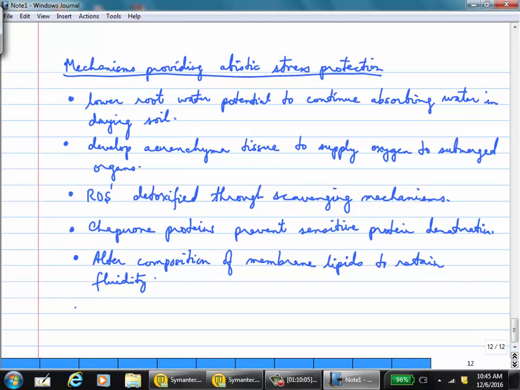Then if you're talking about uptake of toxic heavy metals, the plant has got two options. Number one, it can selectively not take them up. Or if it takes them up, it has to have internal mechanisms to get rid of the harmful effects. So exclusion and internal tolerance mechanisms for toxic ions.